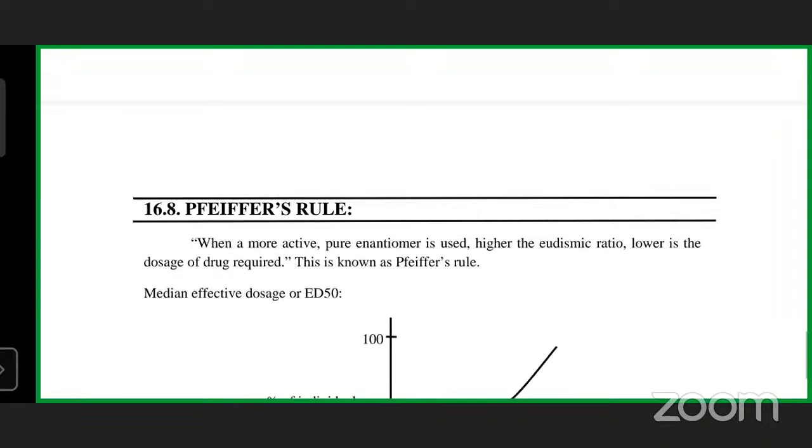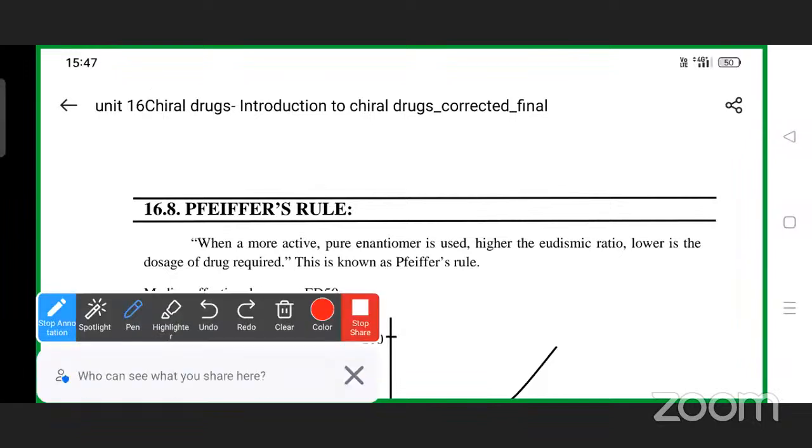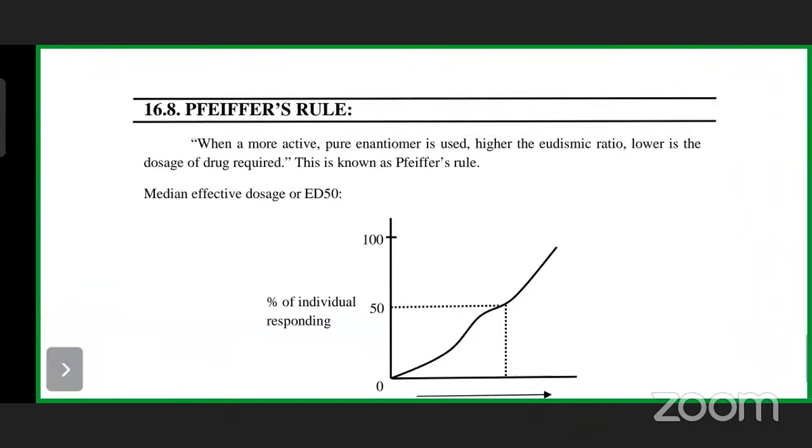Next, the important one is the 5 hours rule. Right? The 5 hours rule, very important here. It is somewhat an important topic. So what is the 5 hours rule here? Generally the 5 hours rule helps us decide the dosage. When a more active pure enantiomer is used, the eudesmic ratio is higher.